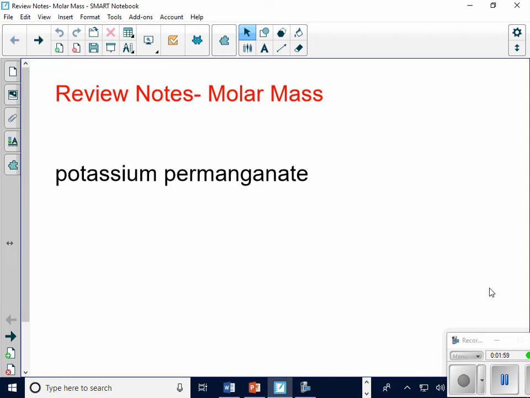You might as well take out your ion sheets too, because if you're like me, I don't have permanganate memorized. So I'm going to have to find out what permanganate is. But in order to do the molar mass, I have to correctly write the formula.